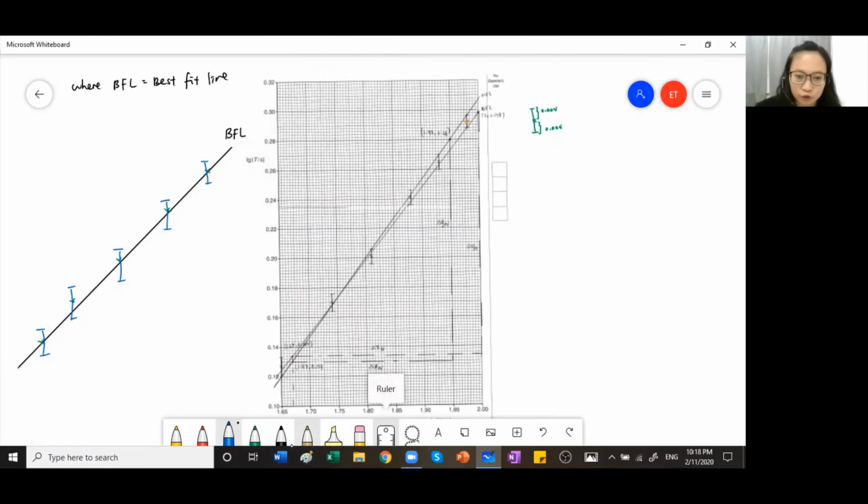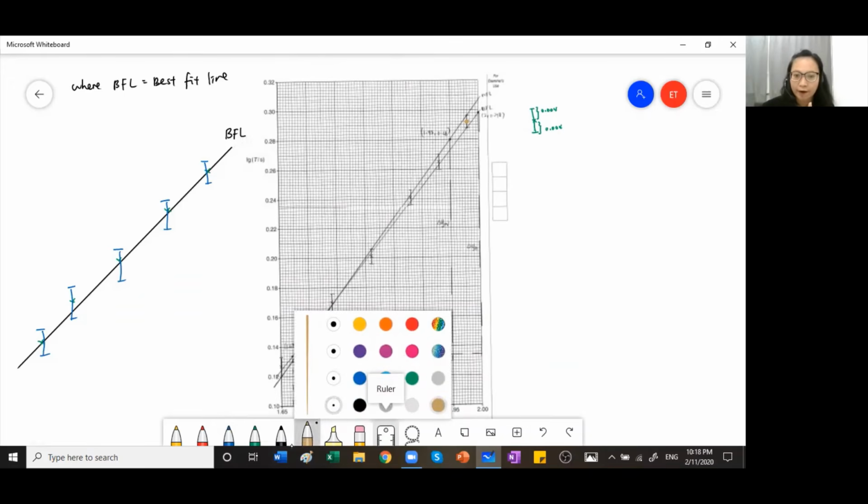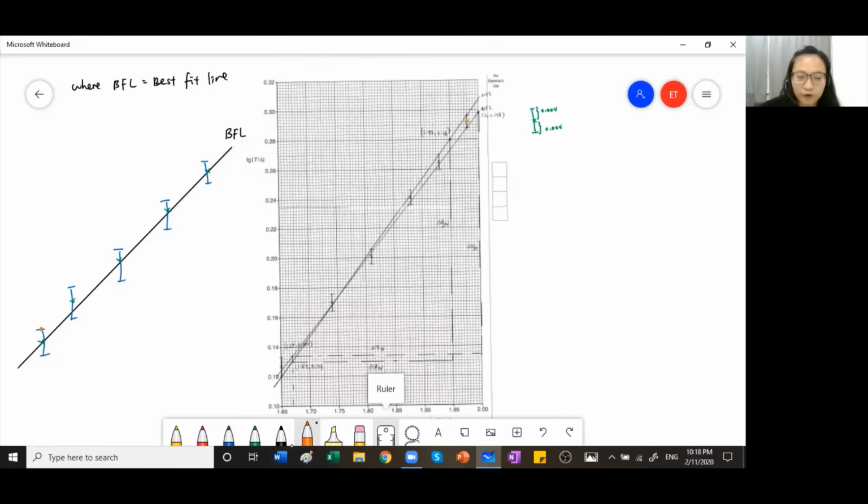All you need to do is look at the first error bar and the last error bar. If you start at the tip of the first error bar, you have to end at the tail of the last error bar, and the straight line you draw must be passing through all the error bars in between.